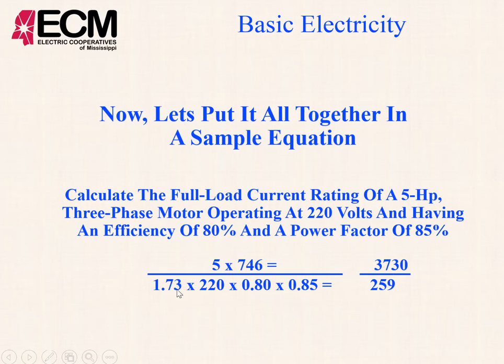We use the 1.73, the square root of 3, because our potential difference is from phase to phase and not phase to ground. We have a voltage of 220 times our efficiency of 80% and our power factor of 85%. Multiply all that together, you get 259, and then divide that into 3,730, and that motor will pull 14.4 amps. Okay, so here's another problem.